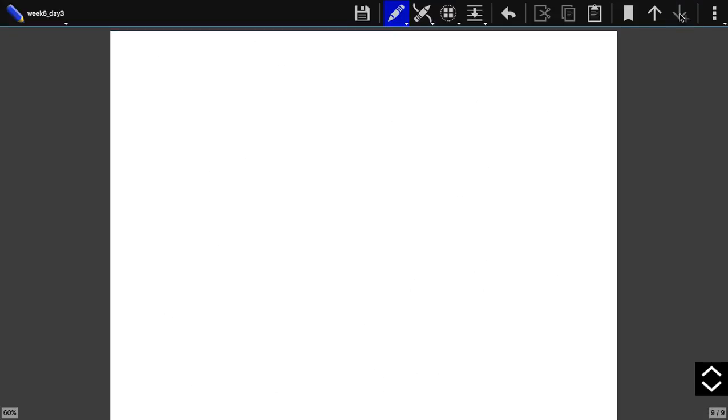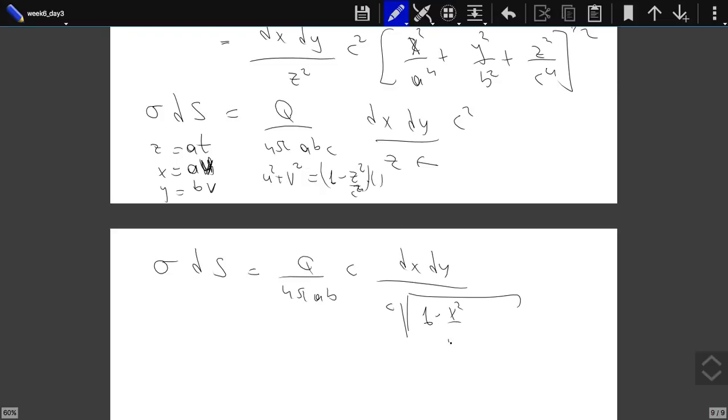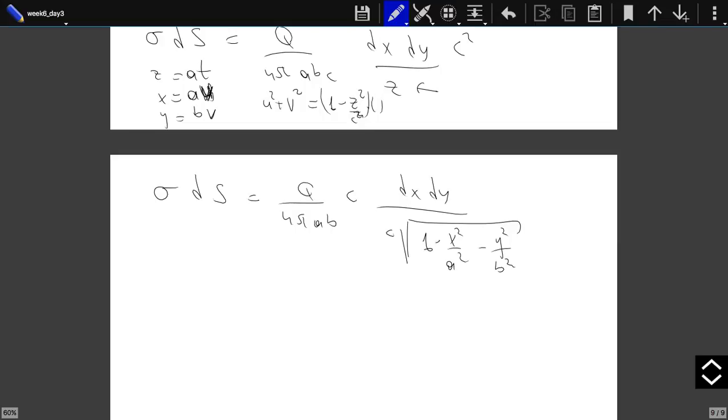You see sigma dS is equal to q over 4 pi abc dx dy divided by z, where z is c times the square root of 1 minus x squared over a squared minus y squared over b squared. And the c's just cancel. If you make that above change of variable, this just becomes q over 4 pi ab du dv divided by the square root of 1 minus u squared minus v squared.